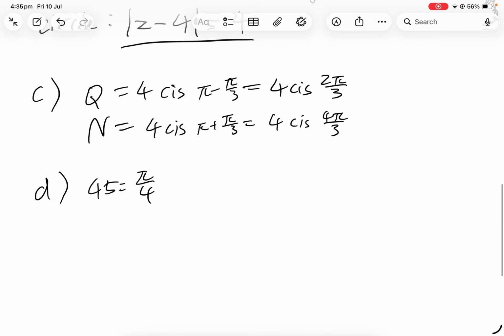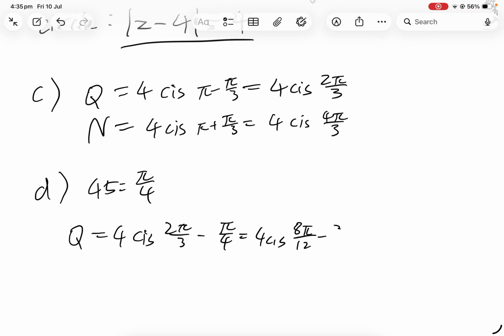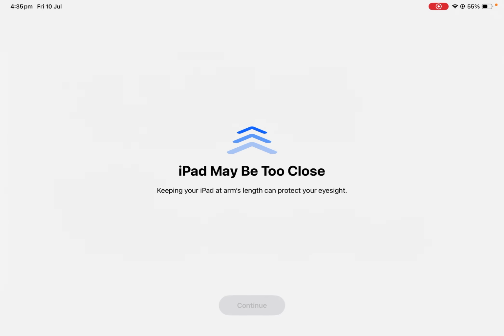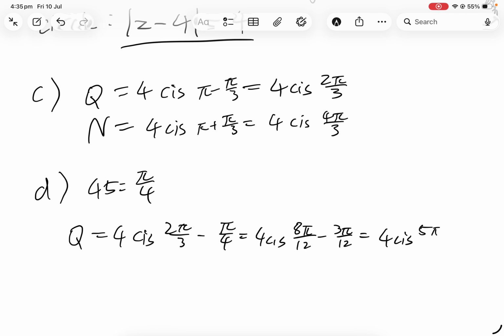So that means Q will equal to 4 cis 2 pi on 3 take pi on 4, which equals to 4 cis 8 pi on 12 take 3 pi on 12, which equals to 4 cis 5 pi on 12.